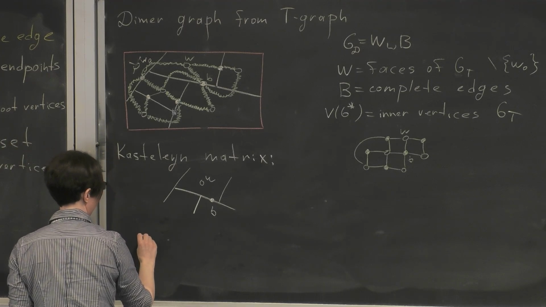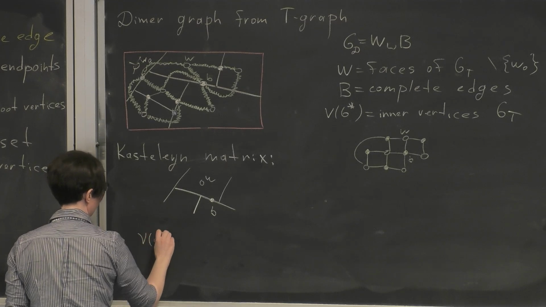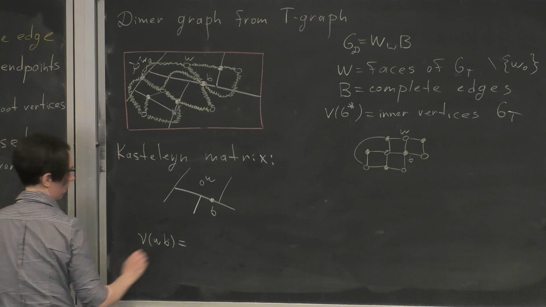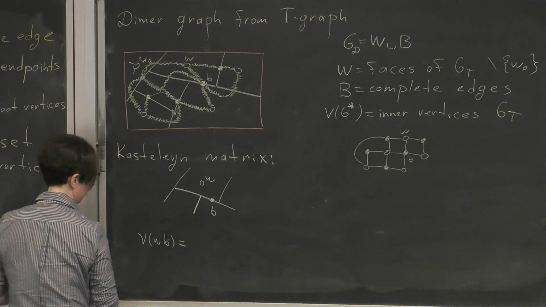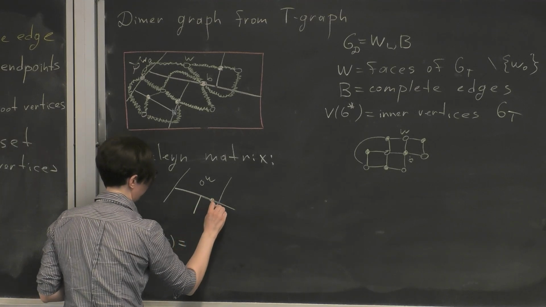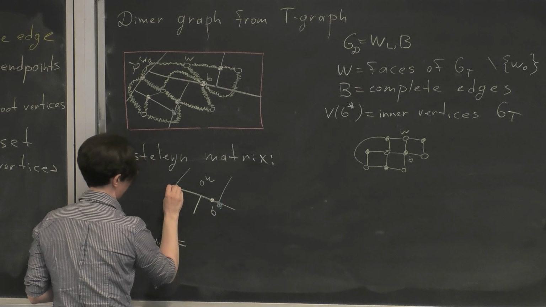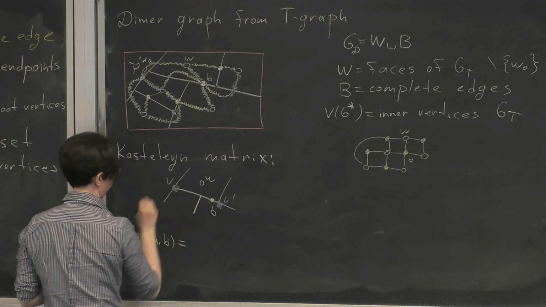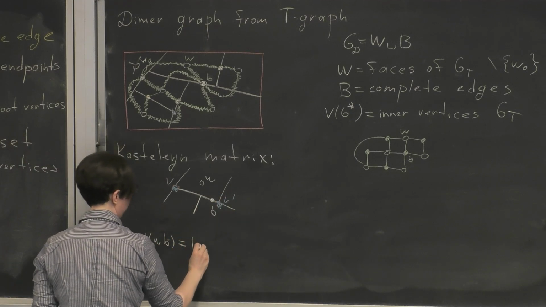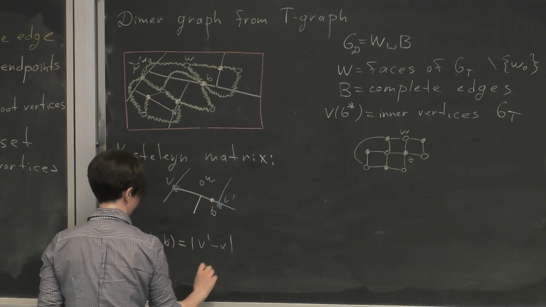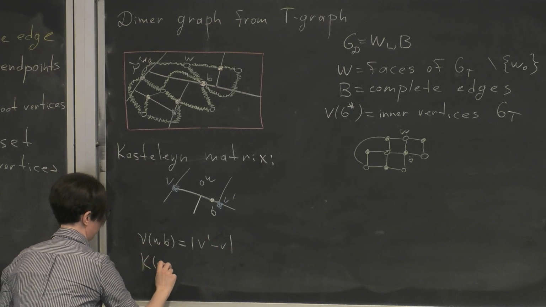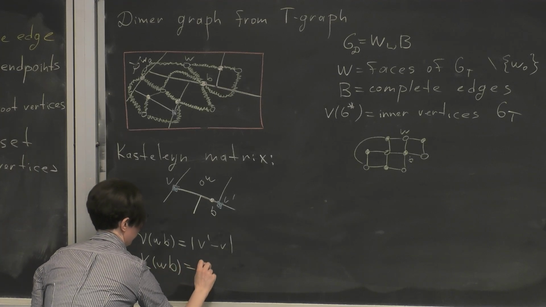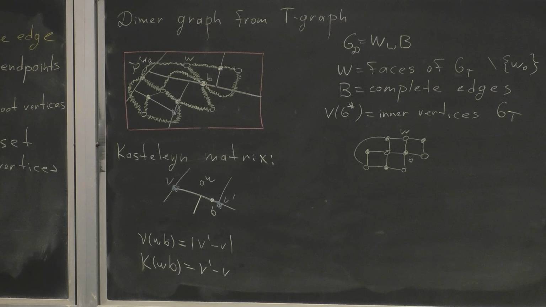I say that the edge weight on WB is given by, let me name these two vertices V prime and V, the length of V prime minus V, and the Kasteleyn weight itself is V prime minus V without the modulus.